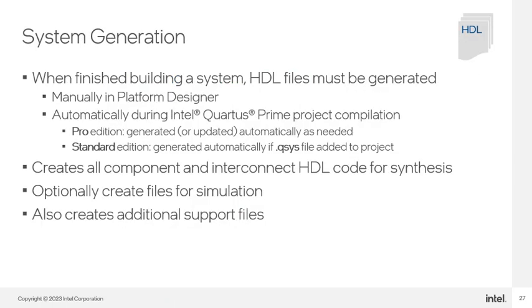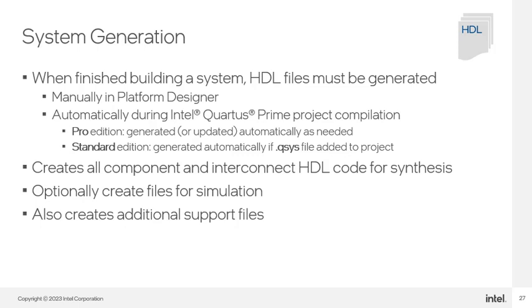Once you've finished your system design, you need to generate the HDL code that describes the system's components, interface connections, and interconnect. Generation creates all the files needed to synthesize or simulate the system, as well as additional support files that may be needed for things like software development for an embedded processor.